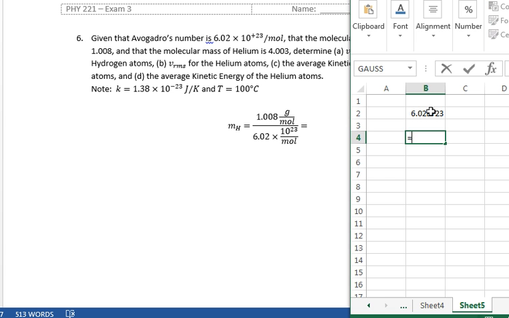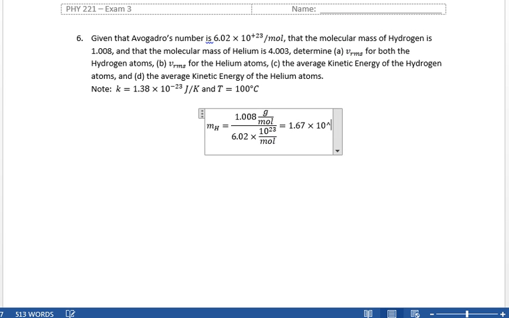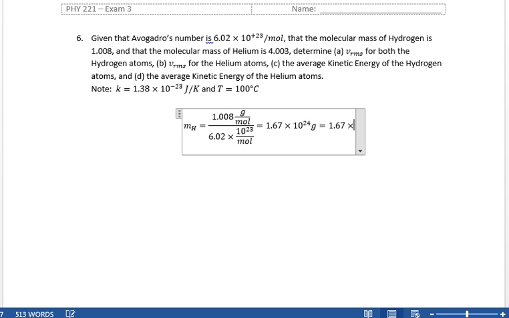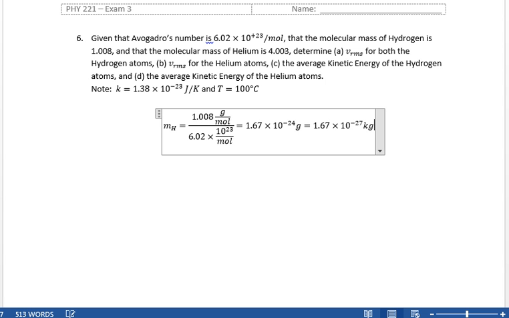Mass of hydrogen is 1.008 divided by Avogadro's number, which is 1.67 times 10 to the minus 24 grams, which is 1.67 times 10 to the minus 27 kilograms.